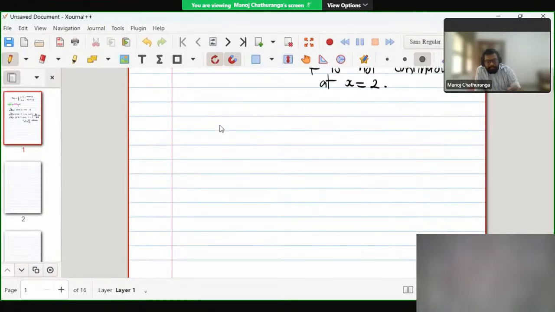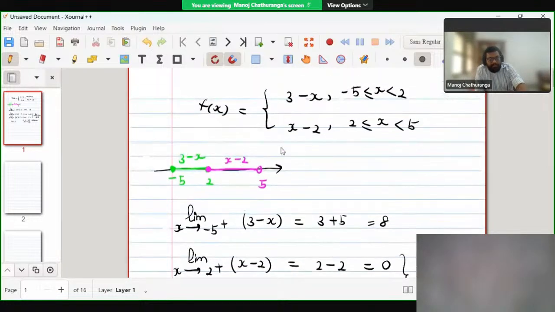By the way, the function has a value at 2. If you want to compute f of 2, we need to go to the definition. The first part includes everything from minus 5 to 2, but not 2. So we cannot evaluate the function at 2 using the first formula.